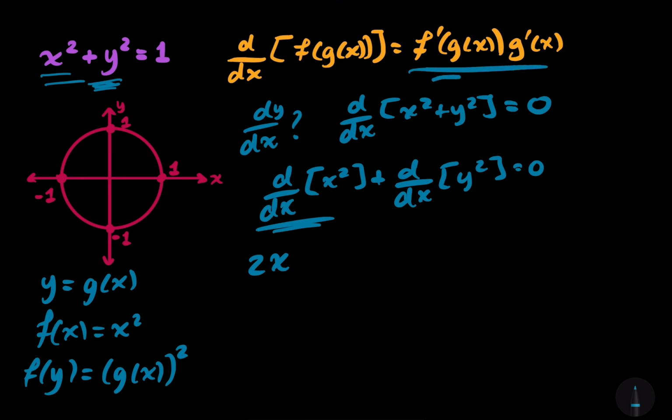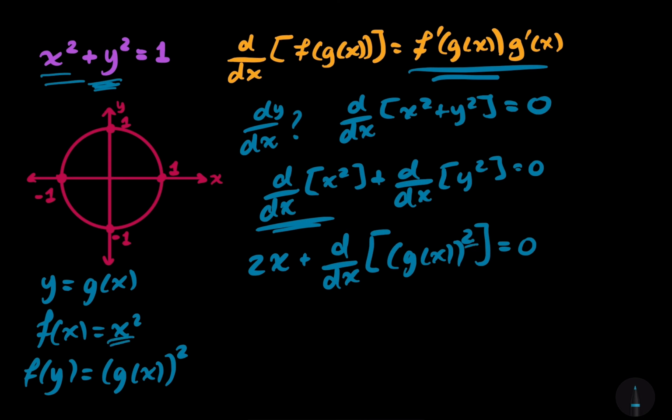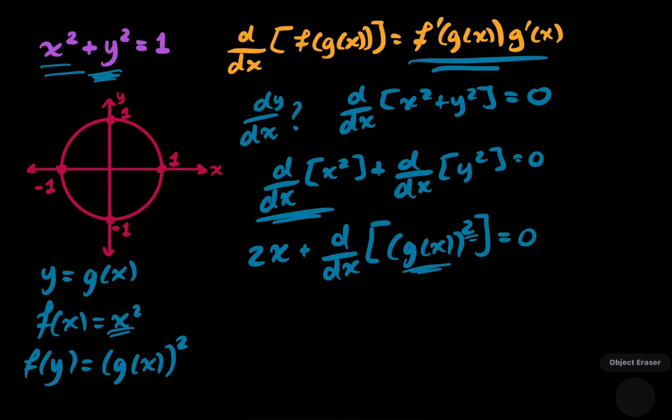So if we rewrite this as plus the derivative with respect to x of g of x squared, which equals 0, we can use the chain rule, because our outer function is x squared. We're squaring whatever our input is, and our input is the inner function, which is y, which is equal to g of x.